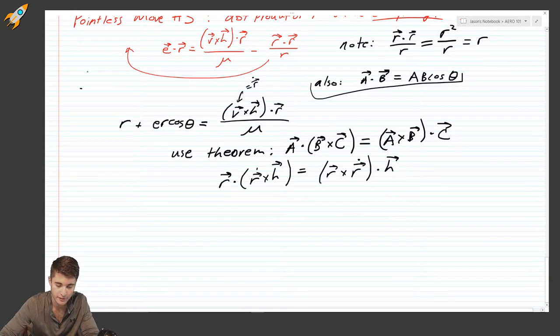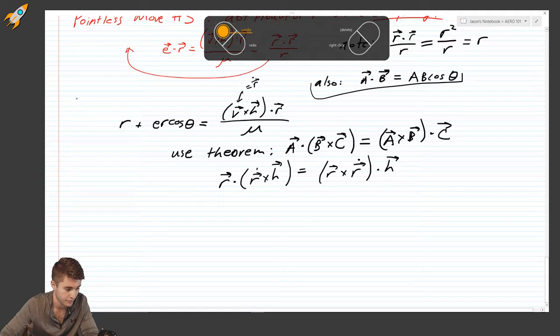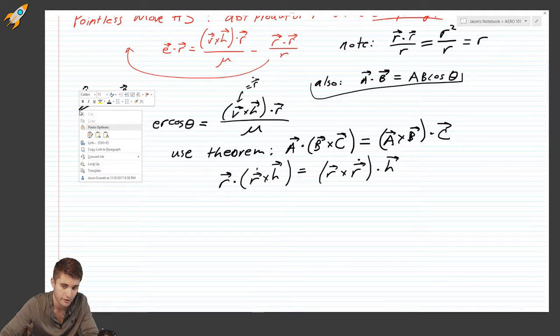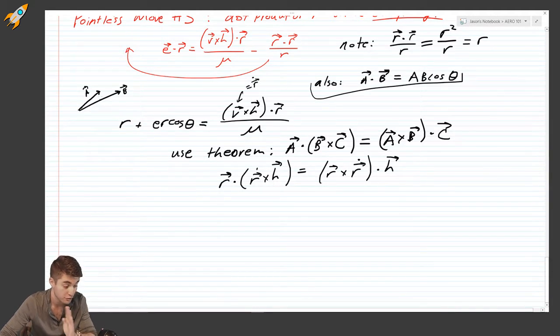Basically, if you've got a vector A, and if you've got a vector B, then the dot product determines how similar they are to being the same vector.